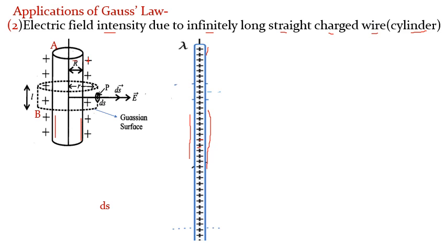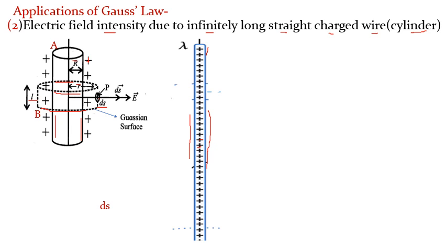Now in this case also we have to construct this Gaussian cylinder. Here I have drawn it. Draw it with me. Are you drawing this or not? Hope so, yes. L is the length of this cylinder. On this cylinder at point P, we have to consider a small area ds, which is at a distance r from the center.